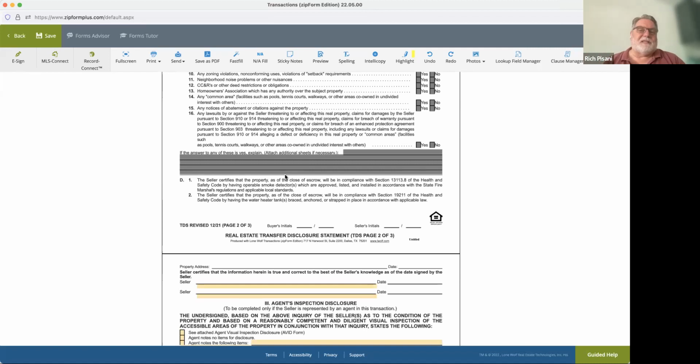I would suggest you try it because it really is easy to work with. Sellers like it a lot better than filling out this form, and you'll like it, even though it's owned by Compass. But anyway, we won't go there.